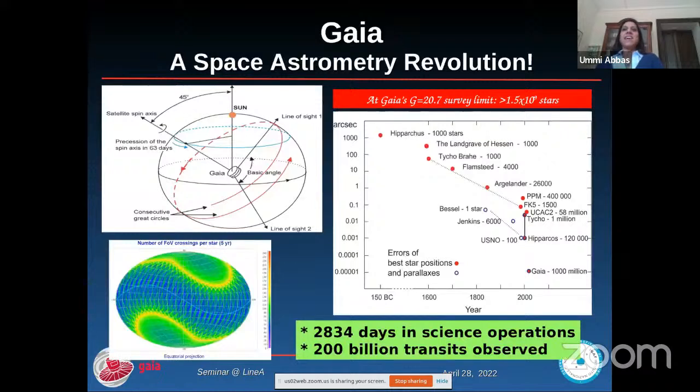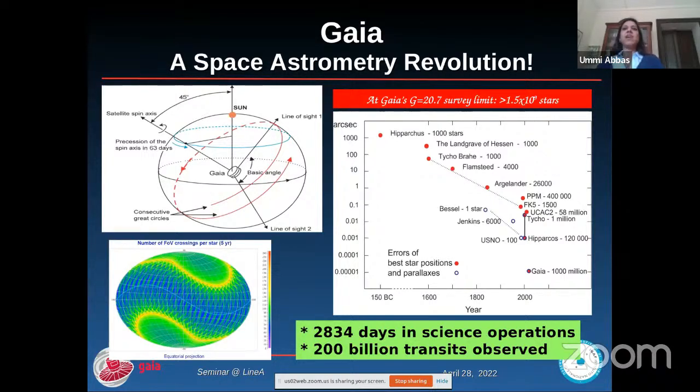Gaia is essentially a space astrometry mission, and it's carrying out a revolution. As we can see on the top left figure, the Gaia scanning law is shown. I'll come to this in more detail as I go through the talk.